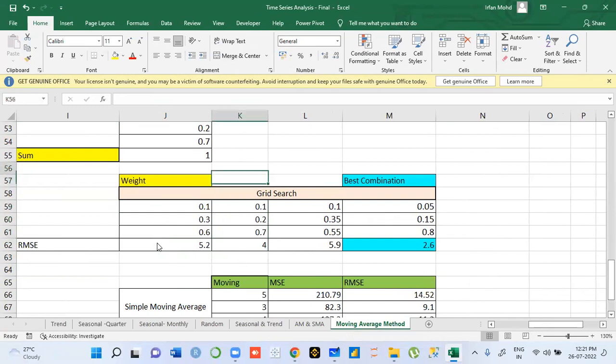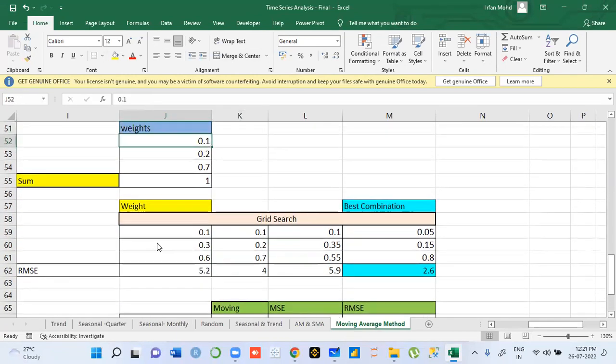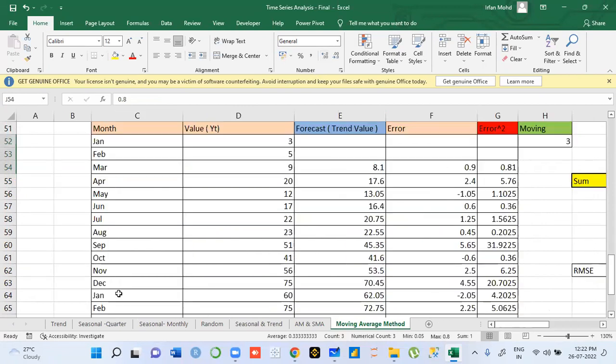Now, any other weight, guys, you want to try with me? 0.8. How much is the error? 0.8, 0.15, this sum. How much is RMSE, guys?